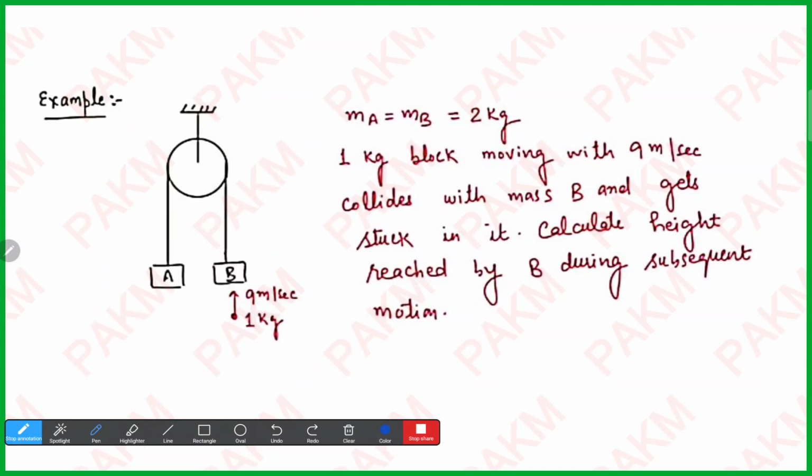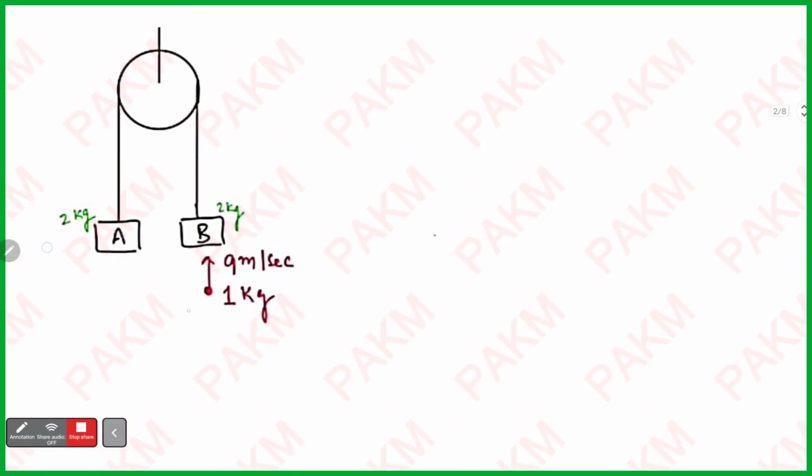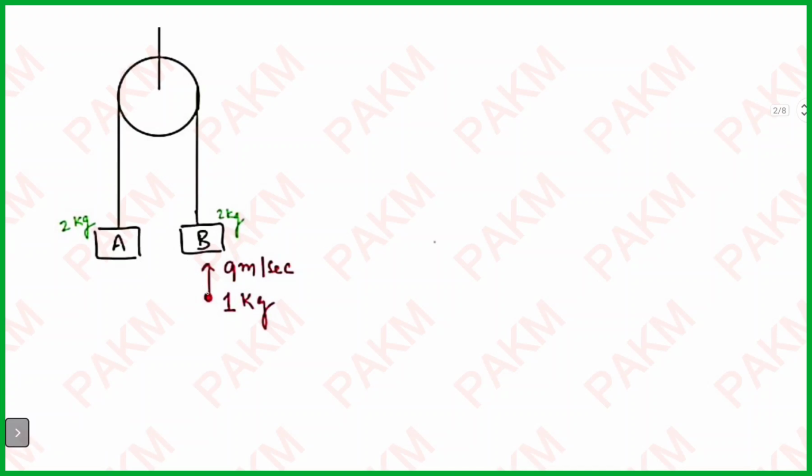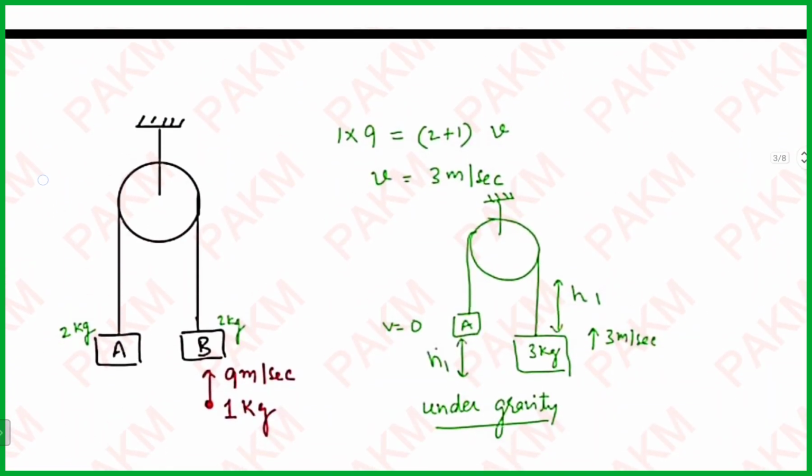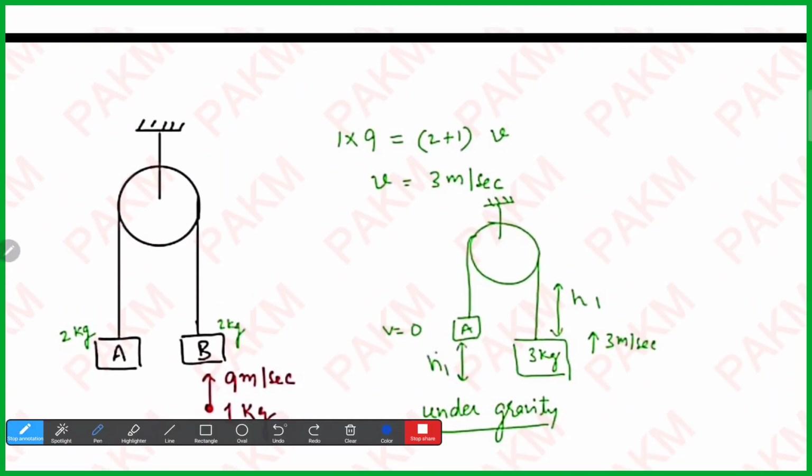So let's quickly do it. This is the situation once it gets embedded. Basically we can use the law of conservation of momentum. Initial momentum, with V being 0, is equal to the final momentum.